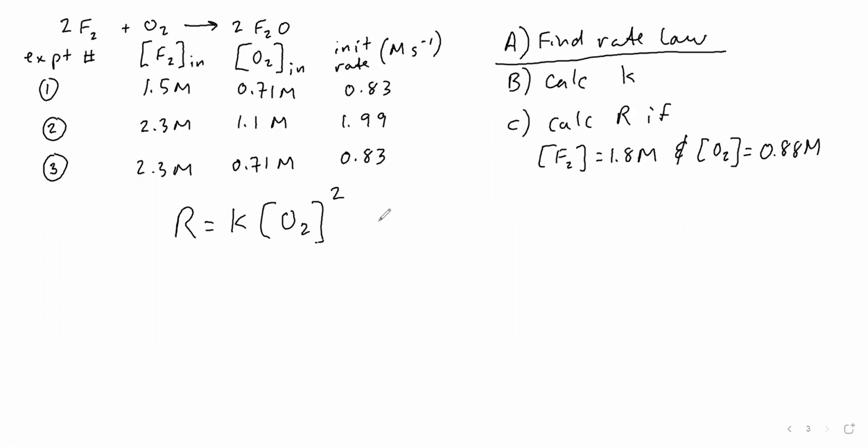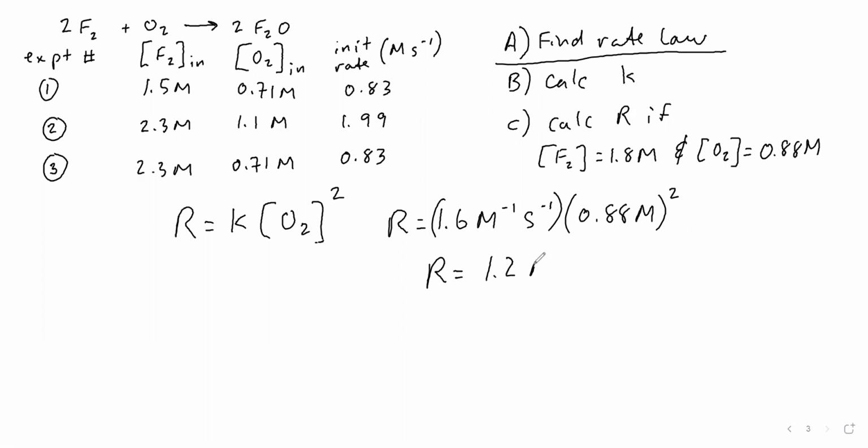So we plug in a value for K, and that value that we had just previously calculated was 1.6. And then we plug in our value for O2, which is 0.88. And we square it. And then we do the calculation and we end up with our rate. And in this particular case, our rate is 1.2 moles per liter per second.